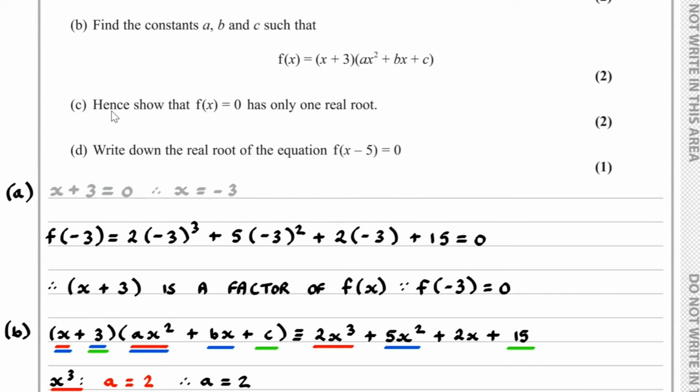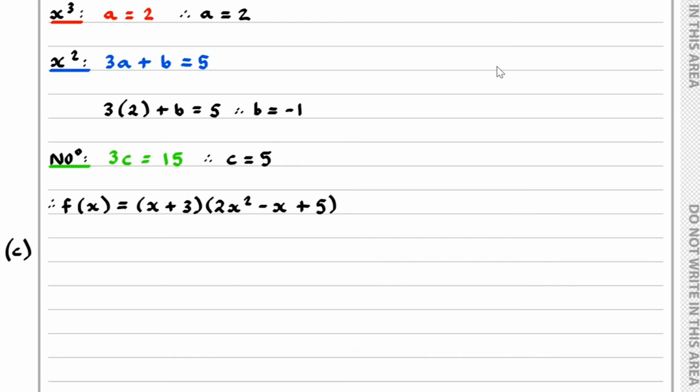For part C of the question, we have to show that f of x equals 0 has only one real root. We are solving f of x equal to 0, and so we have x plus 3 multiplied by 2x squared subtract x plus 5 equals 0.